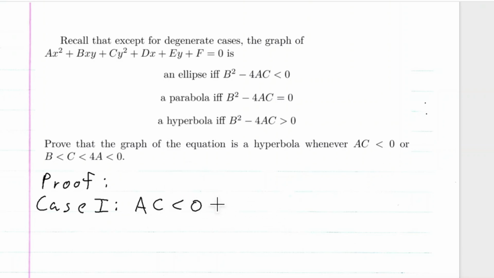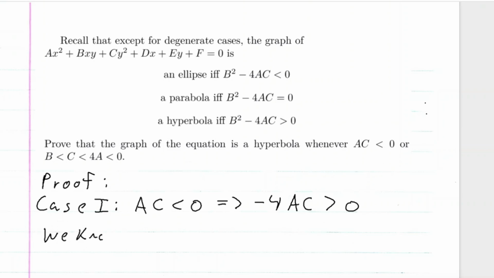So if ac is less than 0, this implies that −4 times ac would be bigger than 0, because if I multiply both sides of this inequality by −4, I already have ac as negative. So if I do −4 times another negative number, that'll be positive. So I know −4ac is going to be bigger than 0. And the reason why I want that −4ac is because that's what I have here for my hyperbola, right?